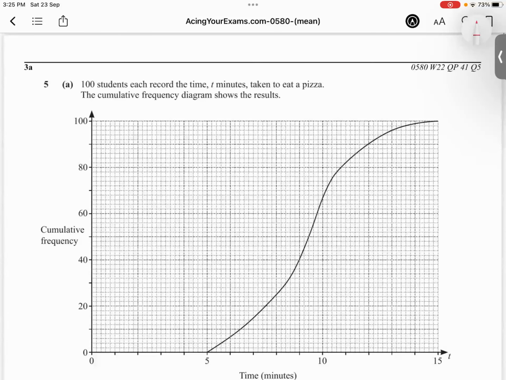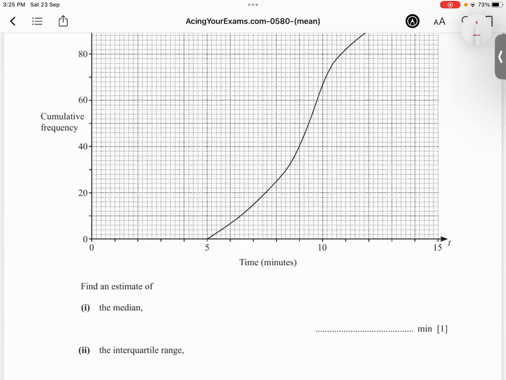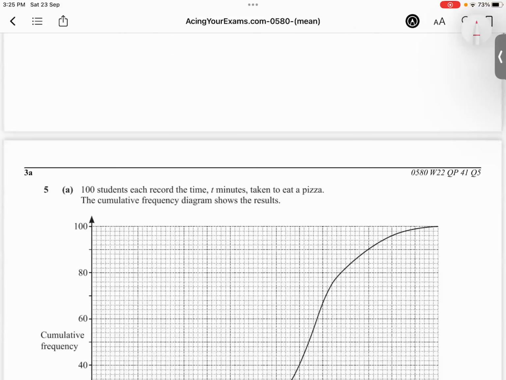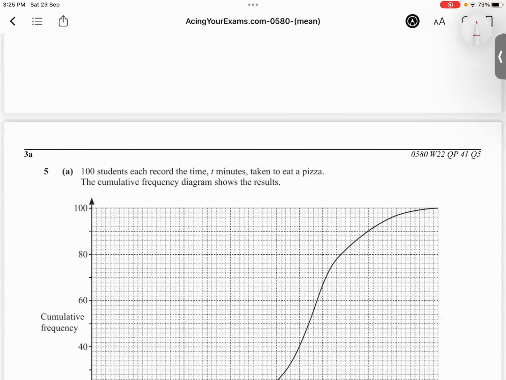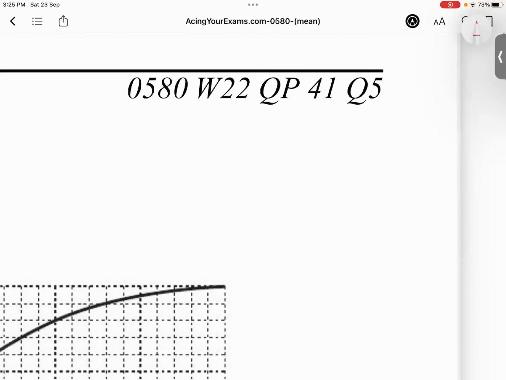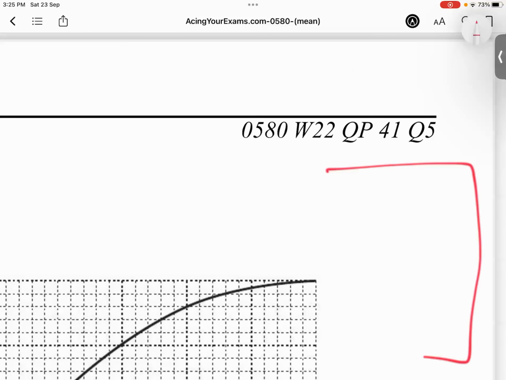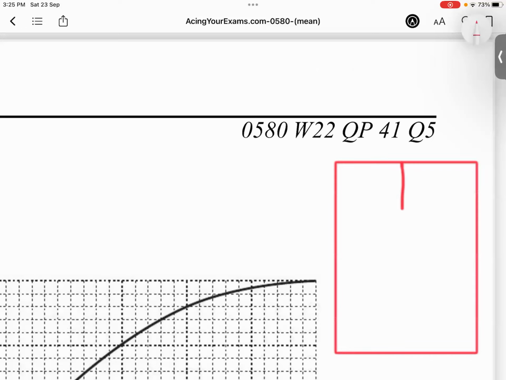All right. So now we have the cumulative frequency curves. So first of all, in order to study this question, you need to remember only a few things. So those few things are, please pay attention. In cumulative frequency, you need to learn this. You have to memorize this. The median is 50%.